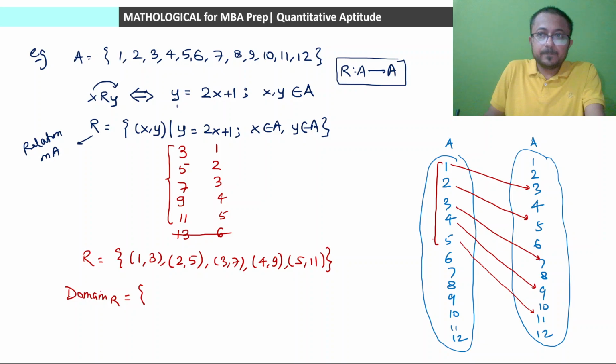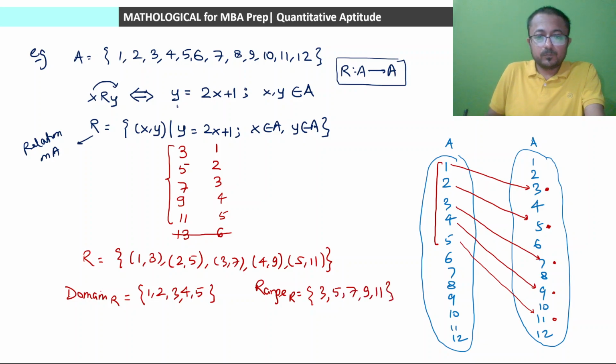This is our domain. And the range of our relation R will have all the second elements, that is 3, 5, 7, 9 and 11. And the codomain is obviously set A only.